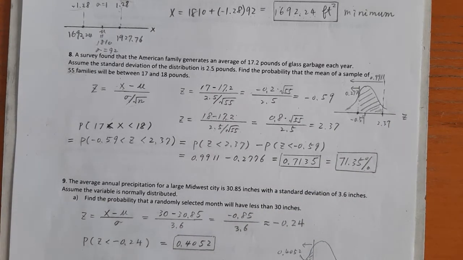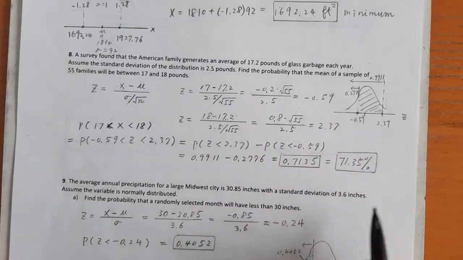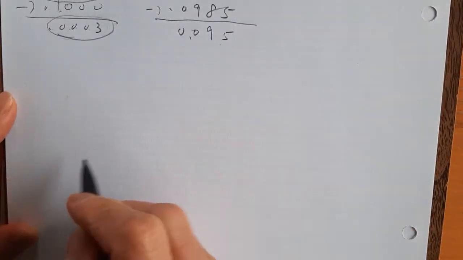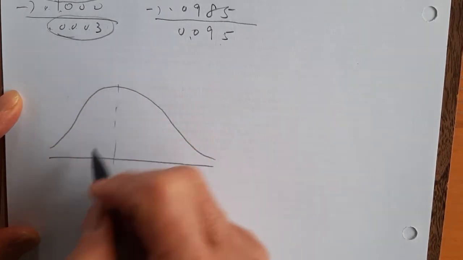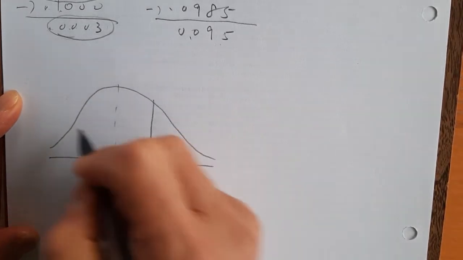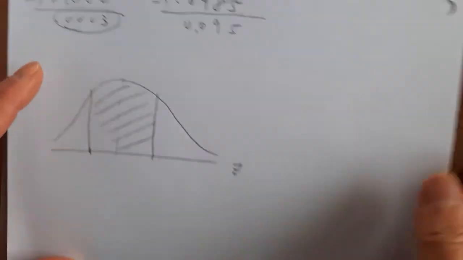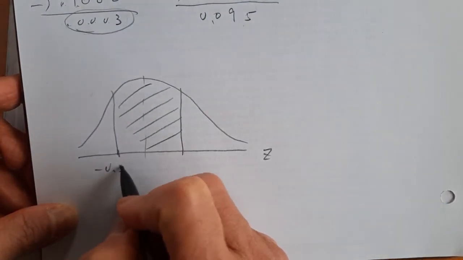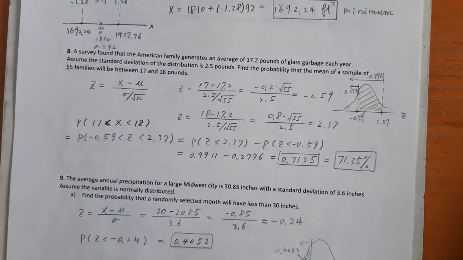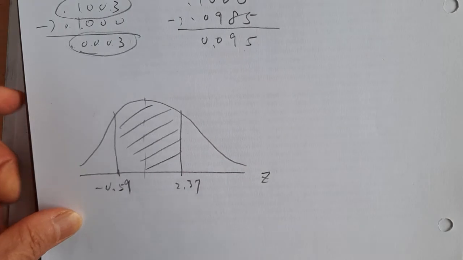If we use the table, the table gives you the area to the left of the z-score. So you are looking for the area between the two z-scores, negative 0.59 and 2.37.